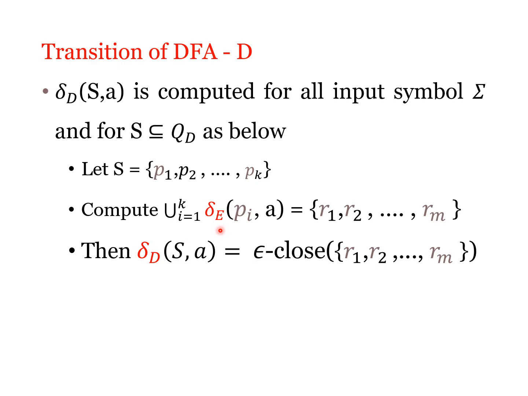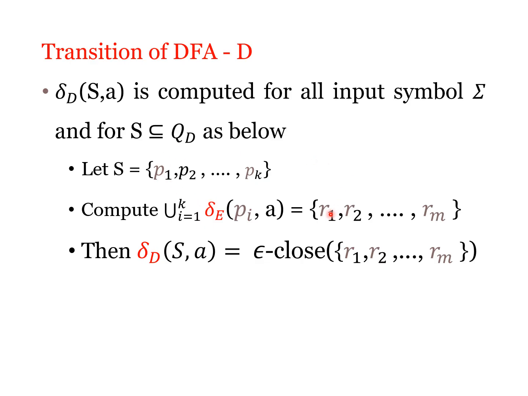Then you want to compute the transitions over the symbol A, the transitions present in epsilon NFA from each state. Let us assume you are in state P1 with input symbol A in epsilon NFA.